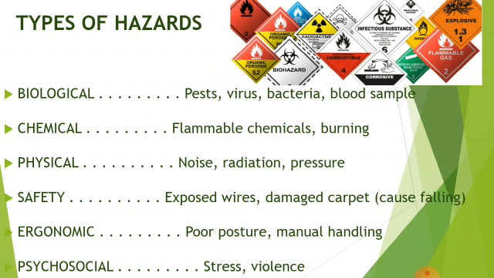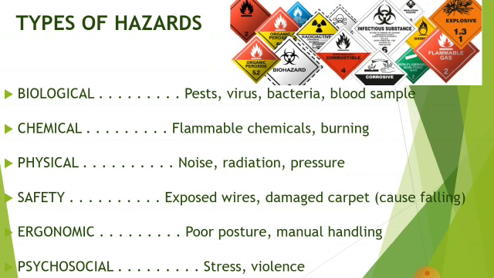Number 2, chemical hazard. We know that many chemicals are flammable, they cause burning, so chemical hazards are always there in any workplace. Third is physical hazard. It is due to the noise, radiation, pressure. So these are the physical things which can cause the hazards. Next is safety hazard. It is due to the conditions like exposed wires, damaged carpets, which can cause falling of the person.